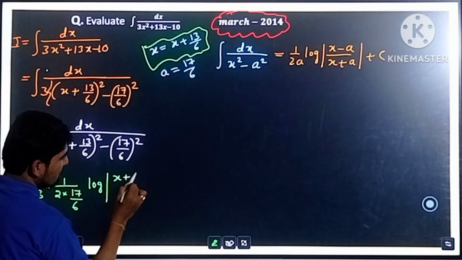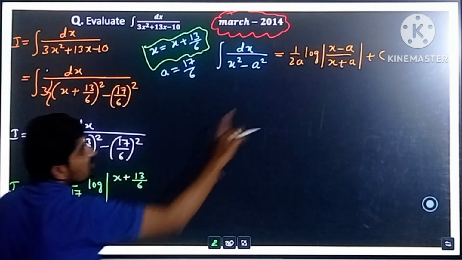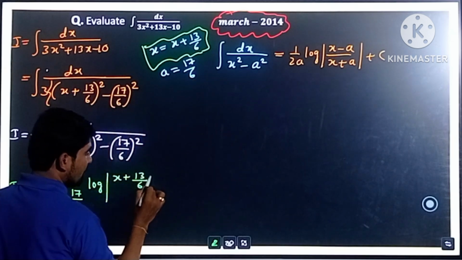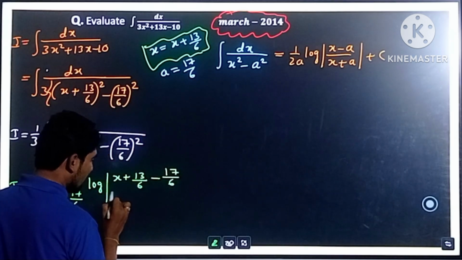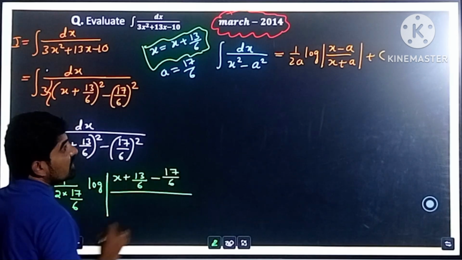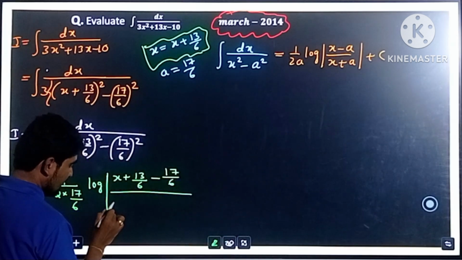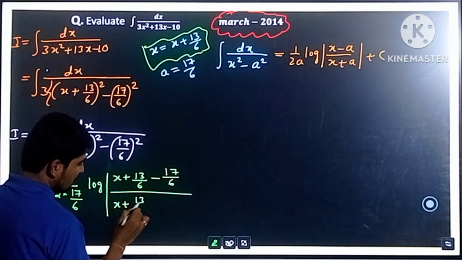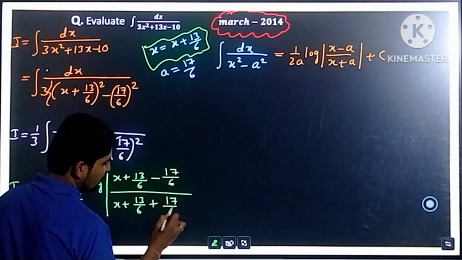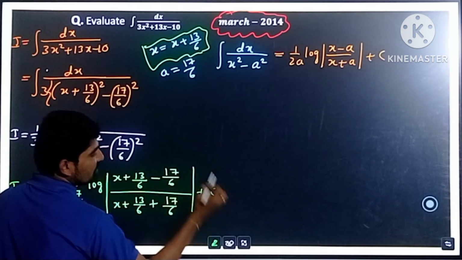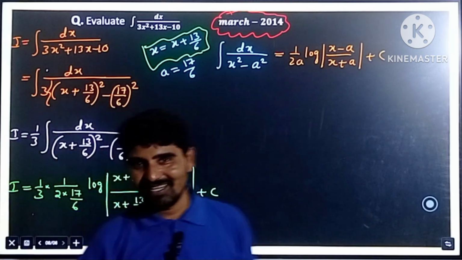So x plus 13 by 6. Next, minus a, what is a? 17 by 6, divided by x plus a, that is x plus 13 by 6 plus a is 17 by 6, plus c. I hope all of you are understanding.